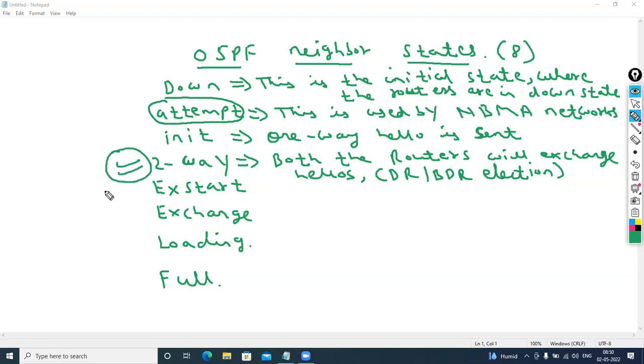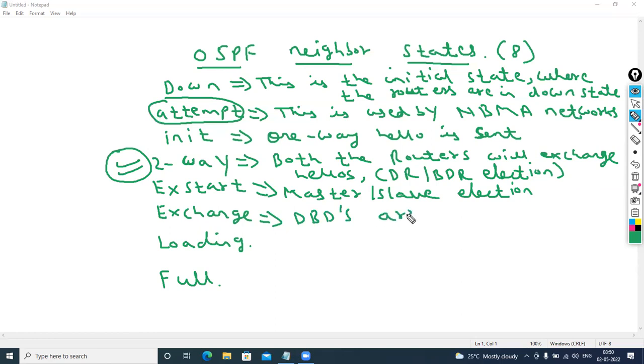We'll talk about DR-BDR, and why we require it. In exstart state, master and slave election. In exchange state, DBDs are exchanged. In loading, LSR and LSU packets are exchanged.